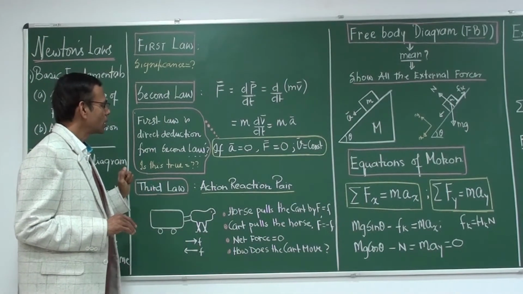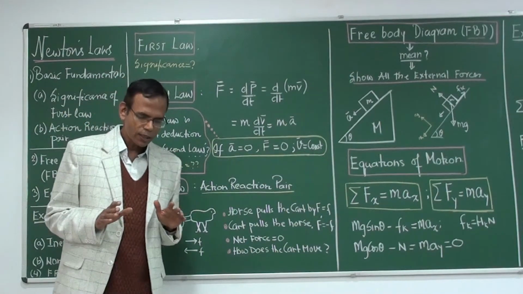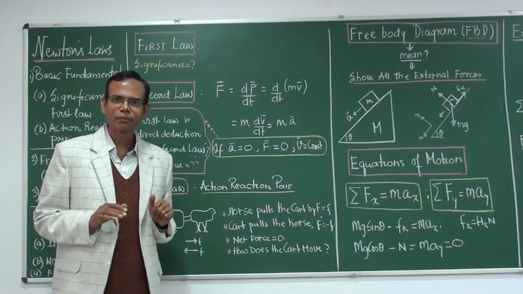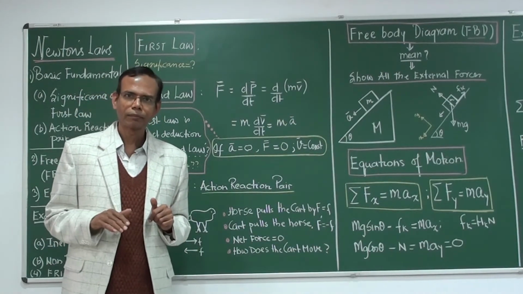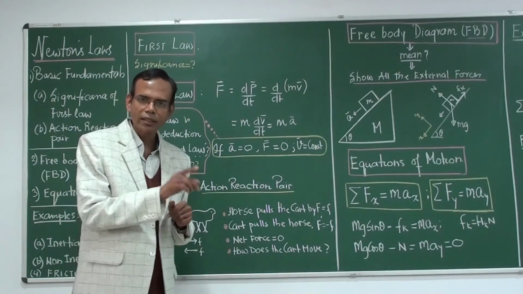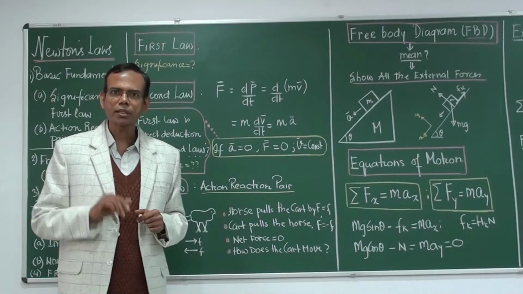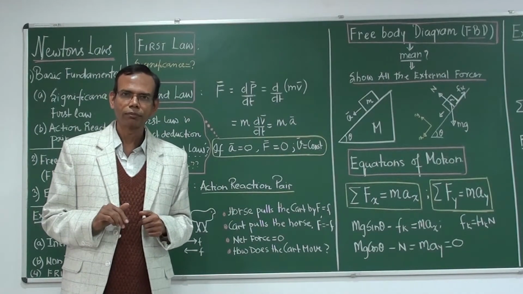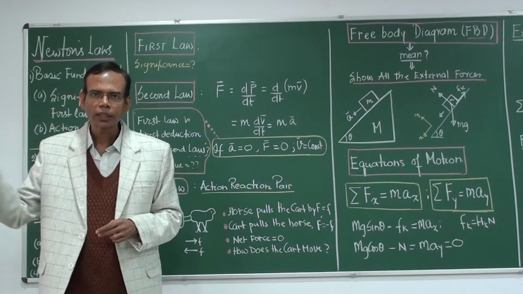See, I will give you an example. Suppose I am traveling in a train and the train is accelerating. From the accelerating train, I see a person standing on the platform. I see that person going backward with an acceleration a.